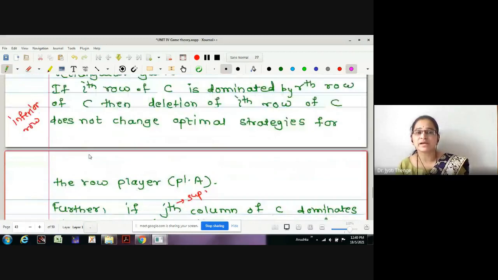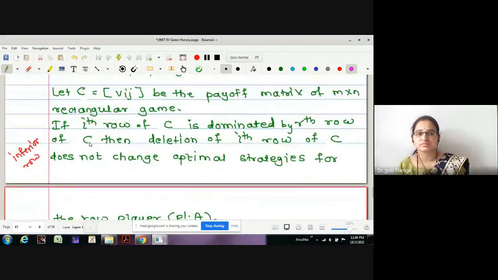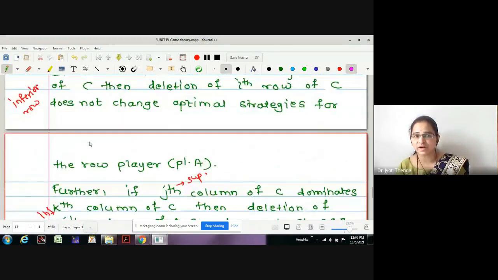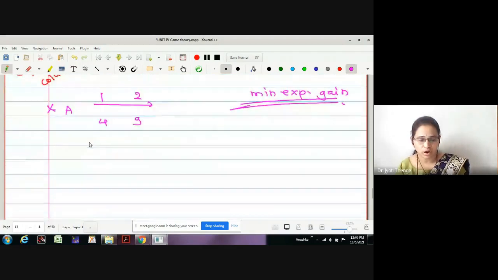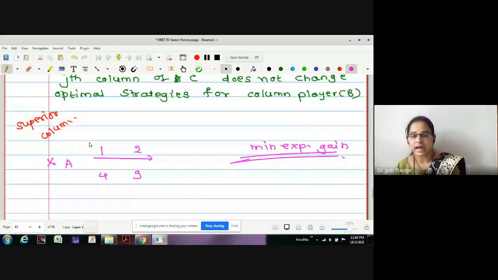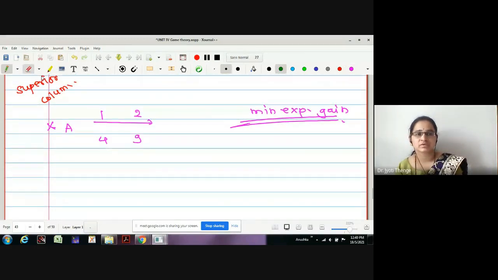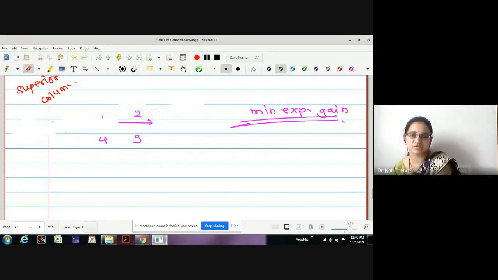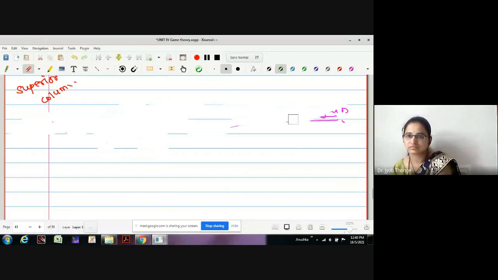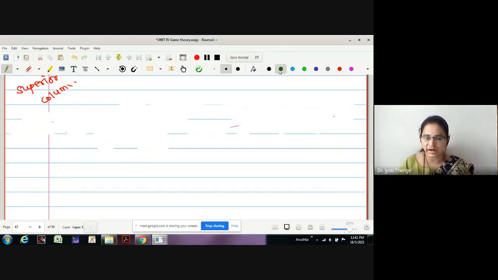Inferior row we delete, superior column we delete. I'll erase this so it does not create confusion. Now let me write one more, the generalized dominance, as well.